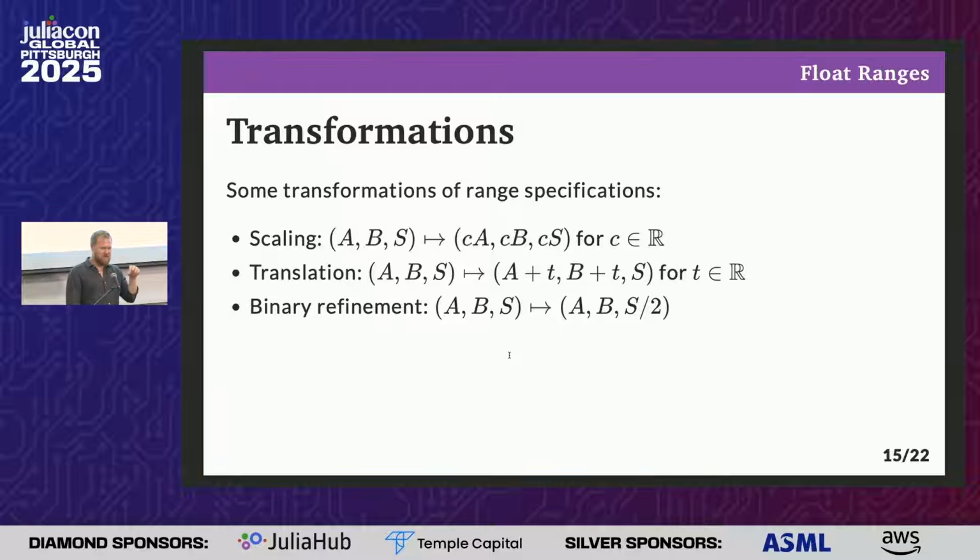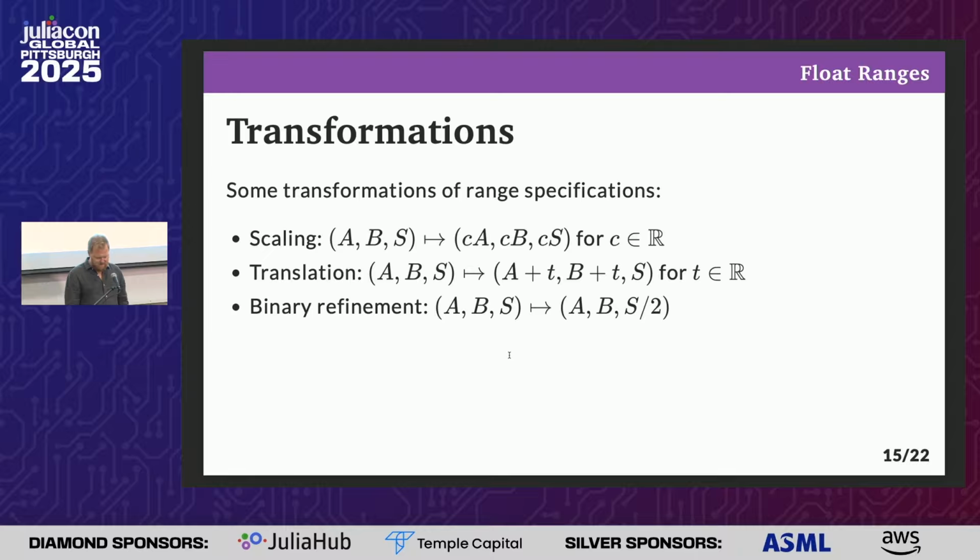Here are some transformations you could do to an interval. You could scale it, so just multiply all of the things by some real constant. You could translate it, so that doesn't touch the step, but it does touch the start and the stop. I've changed the order that I'm writing A, B, and S here, sorry, but you'll follow. So that makes sense. If you translate it, certain things should be the same, like the length shouldn't change.